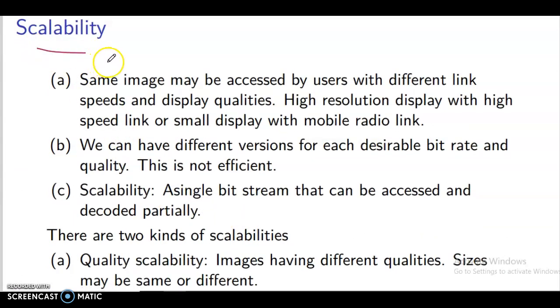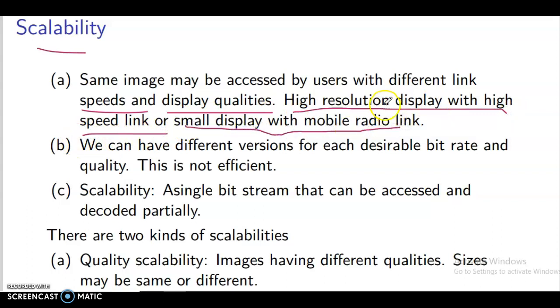Scalability. Some imagery may be accessed by users with different link speeds and display qualities: high resolution display with high speed link, or small display with mobile radio link. We can have different versions for each desirable bitrate and quality, but this is not efficient.